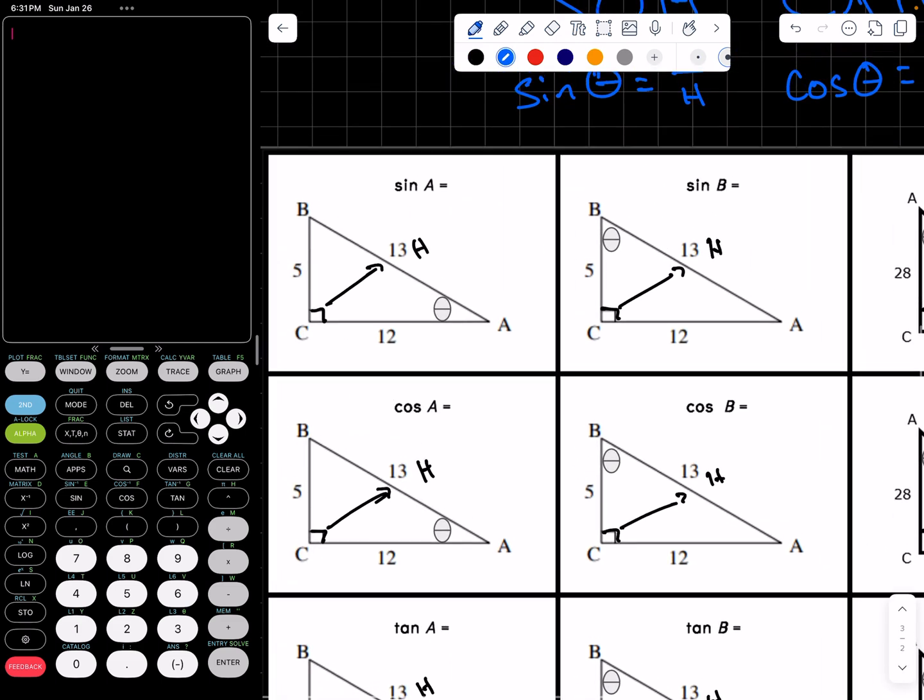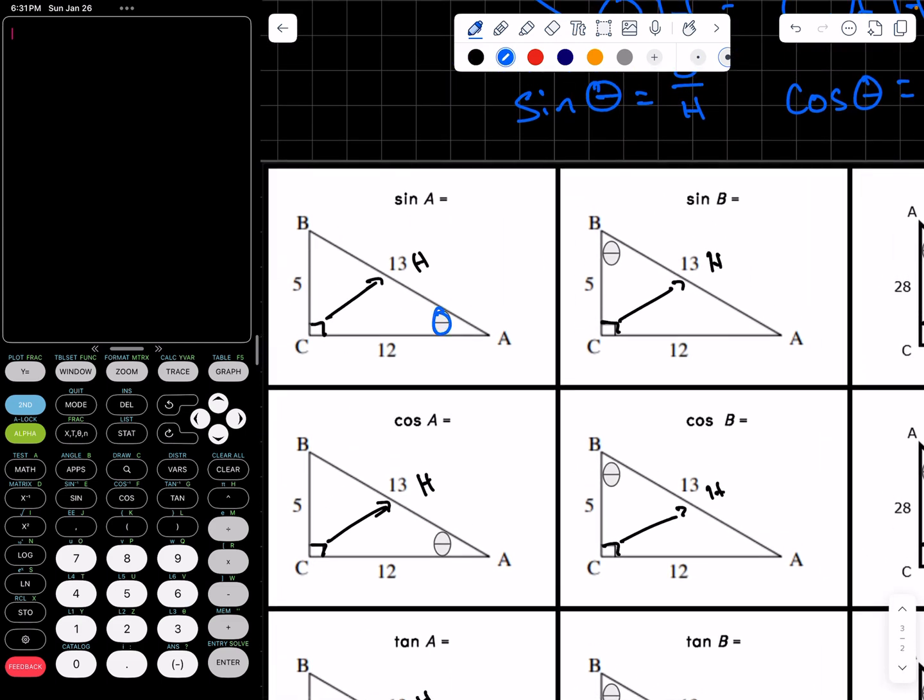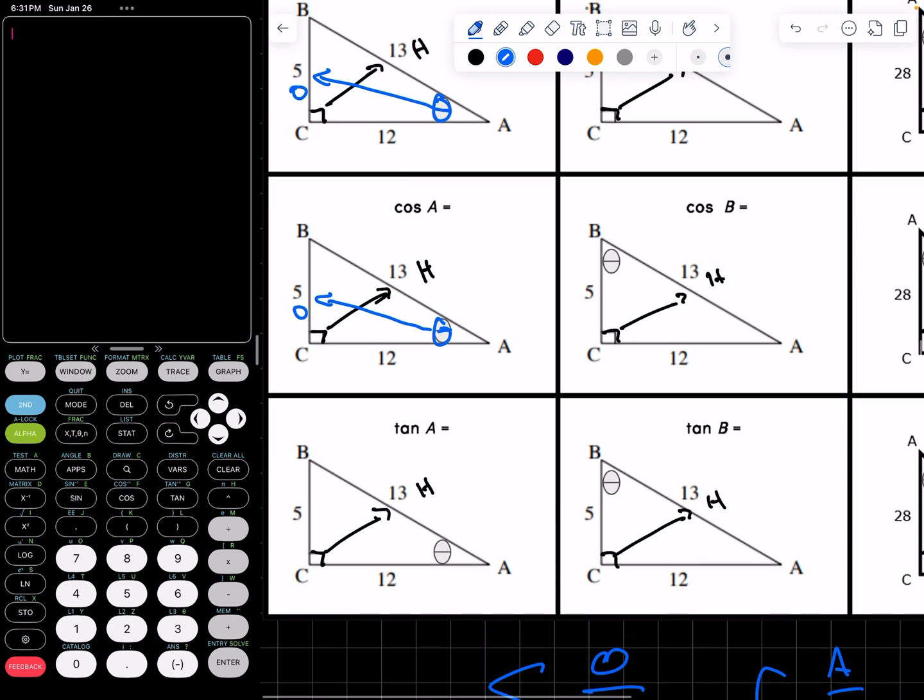And then I can go through and label my opposite. And notice that I'm just using the abbreviations O and H. I will use A when I get there.